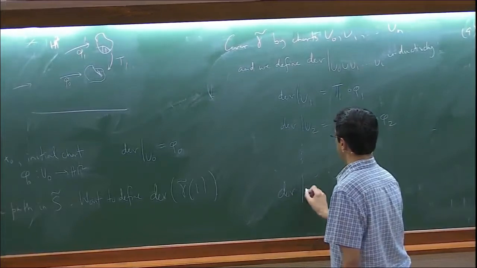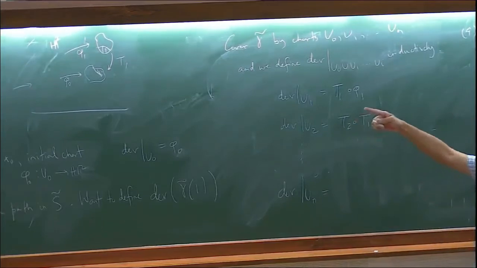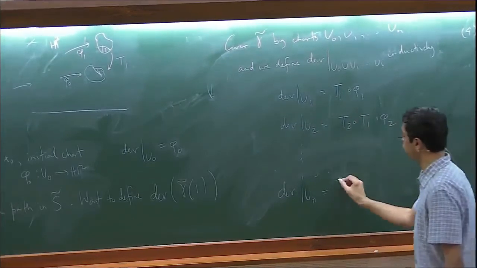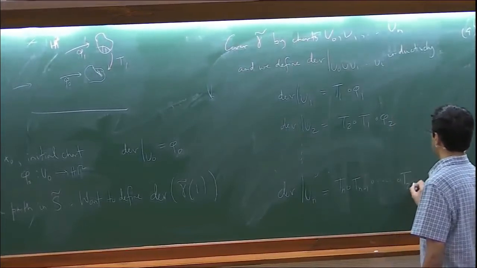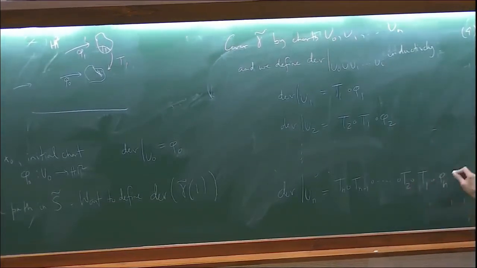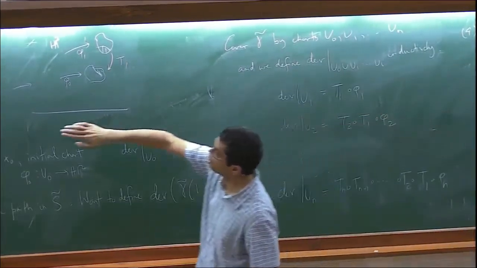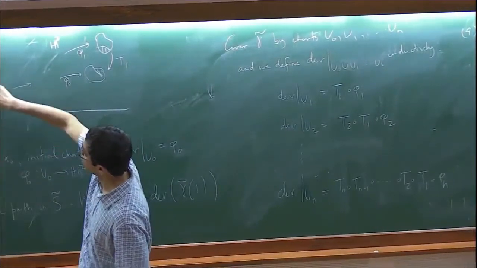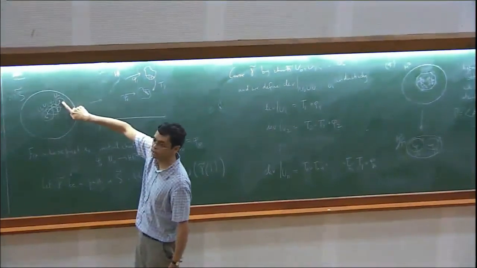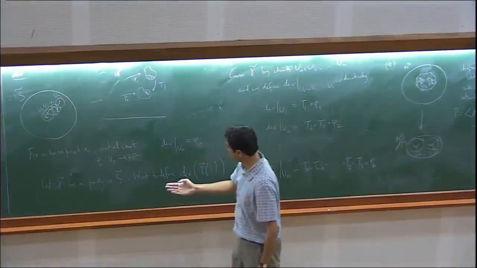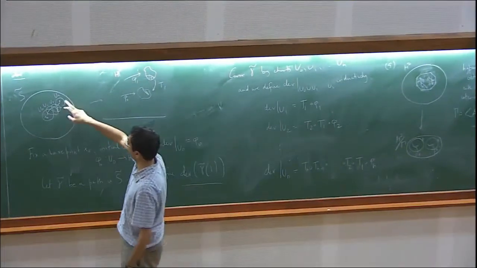So you can patch together these charts by post-composing with these elements of PSL2R that bring you back so that the maps match with what has already been defined. This is how you can inductively define the developing map on this union of charts. And in particular, when you finally get to Un, it includes this endpoint as well. So you've defined the developing map on the entire path, including the endpoint.